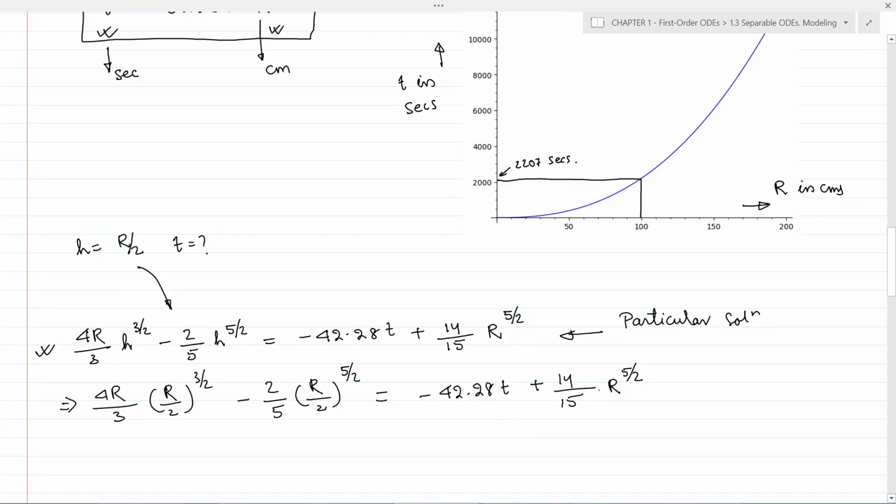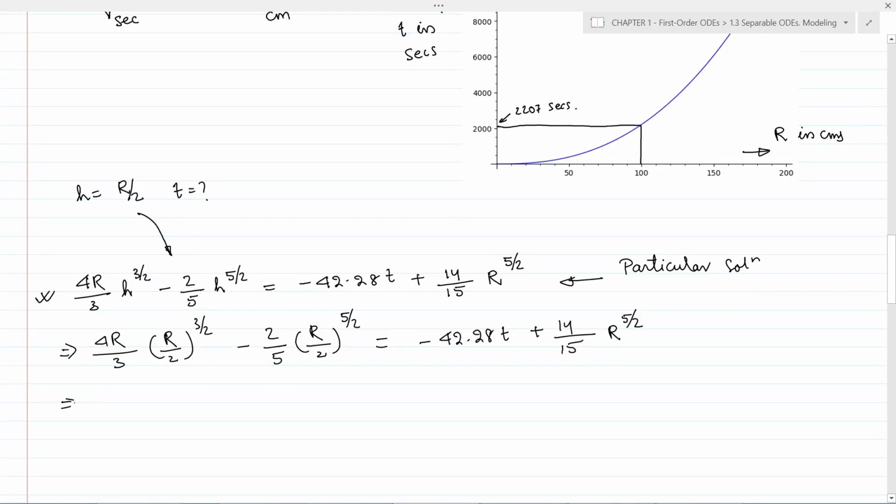From this we can calculate t by taking this term to the left hand side. This implies 4 by 3 into 1 by 2 to the power 3 by 2 r to the power 5 by 2.